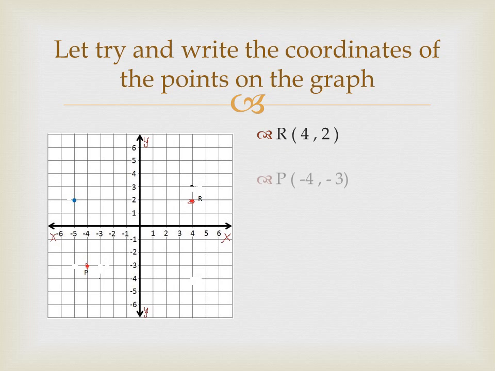Okay, now you can see the coordinates. R is +4 and +2, P is -4 and -3, then the other point is -5 and 2.